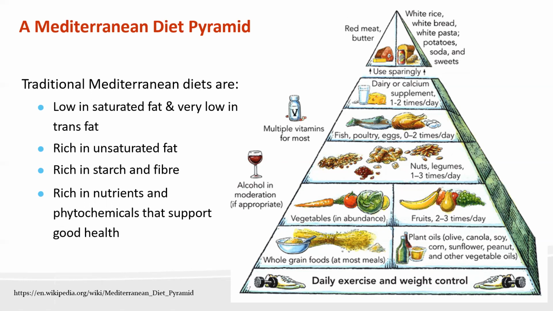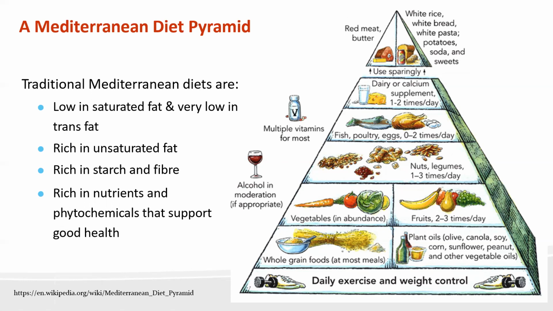It turns out these people are eating a lot of fish. So there's the fish thing again. They're eating a lot of olives and olive oil, and generally they're not eating a lot of other animal fats. They do, but just not in abundance.